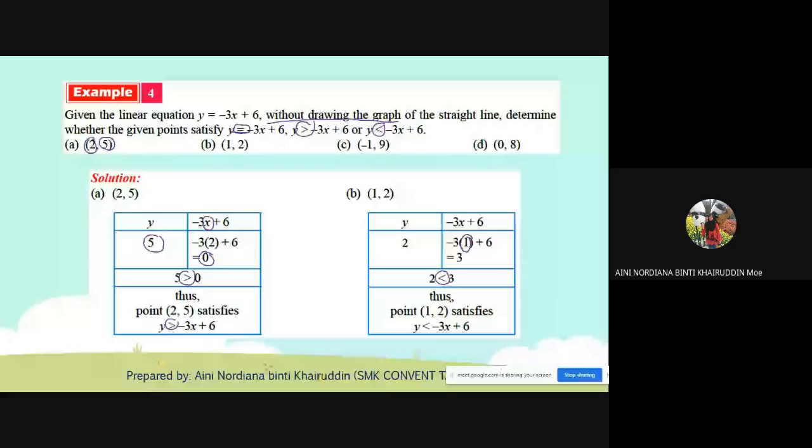Next, you compare these two values. Since y is equal to 0, that is y greater than, whether this one is equal. For the next example, do the same thing: substitute the value of x as 10, then you can compare these two values. 2 is less than 3. Then the point satisfies y less than.